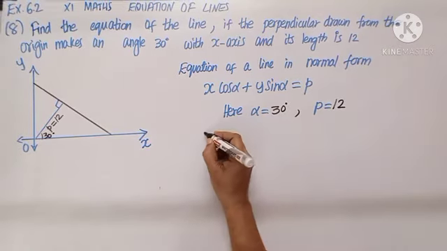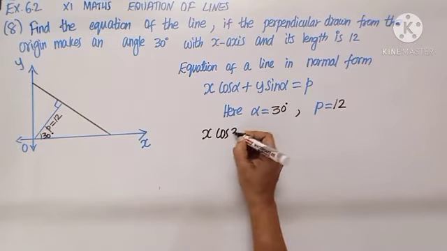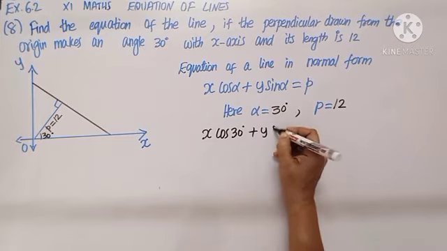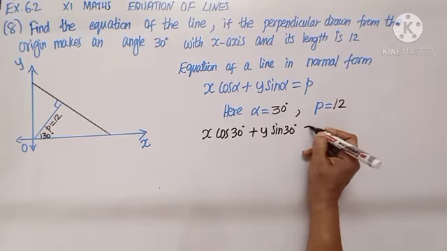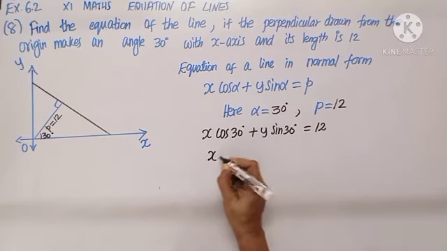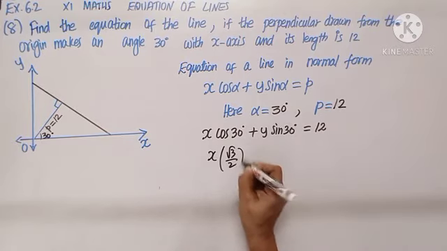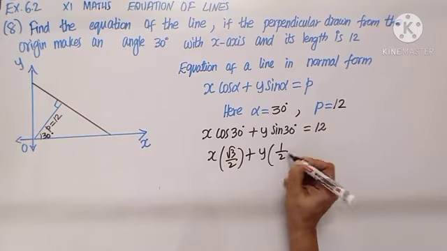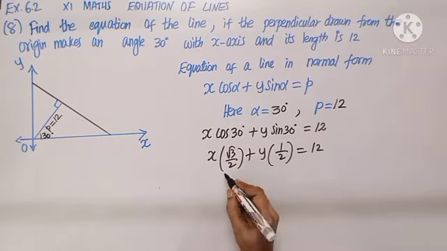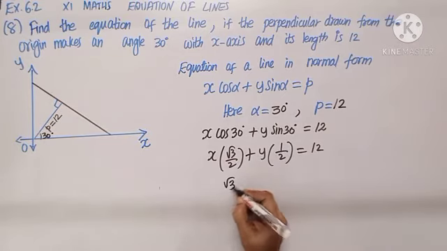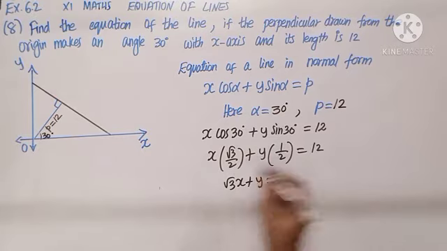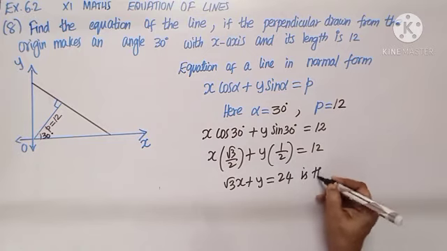As we substitute x cos 30 degrees plus y sin 30 degrees equals to 12. X cos 30 root 3 by 2 plus y sin 30 1 by 2, that is 12. Cross multiplying by 2, root 3x plus y equals 24 is the required equation of the line.